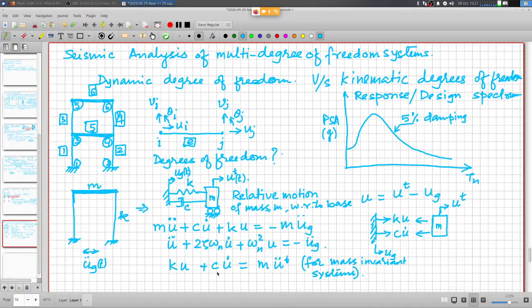Right? Now this is usually a small number. So if this is a small number, I can always ignore that small number and I will have K u is approximately equal to m u double dot t.